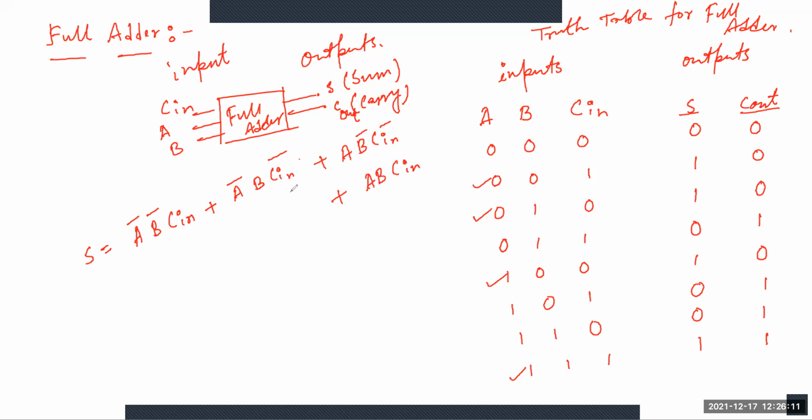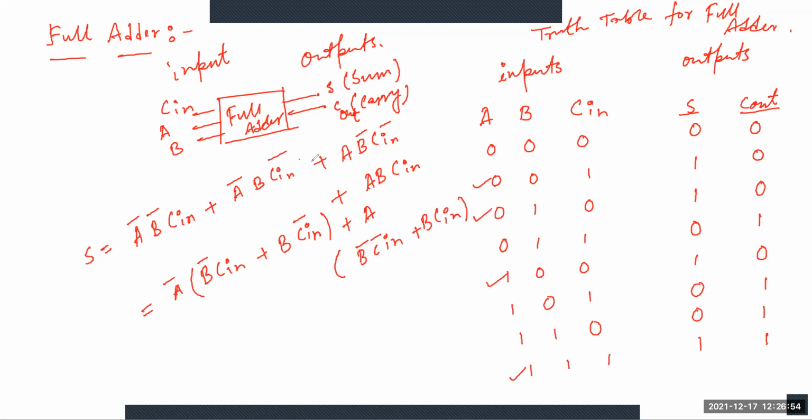So if we simplify this expression, we take common A bar, so in the bracket it is B bar C in plus B C bar in, and here this is A, so in the bracket it is B bar C bar in plus B C in.